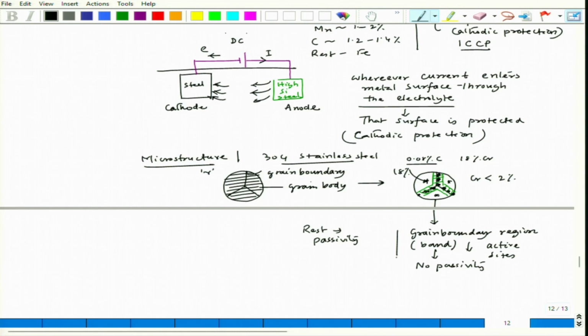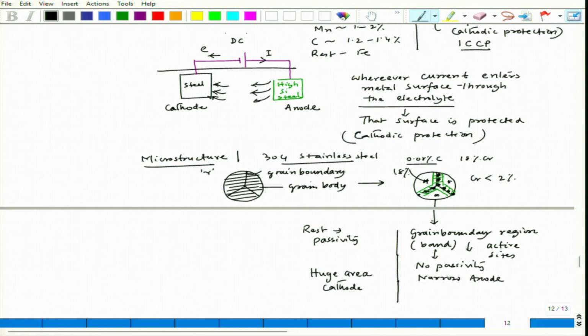So, now you have two zones. Here you have a huge area cathode wherever the passive layer has formed, and in this zone it is a narrow anode.